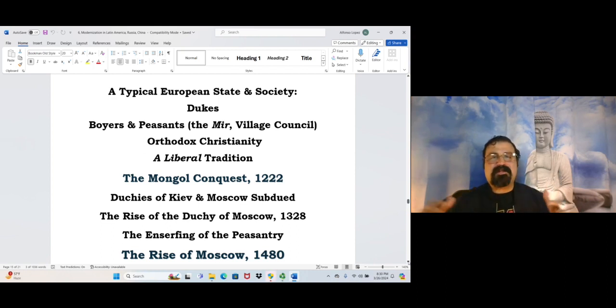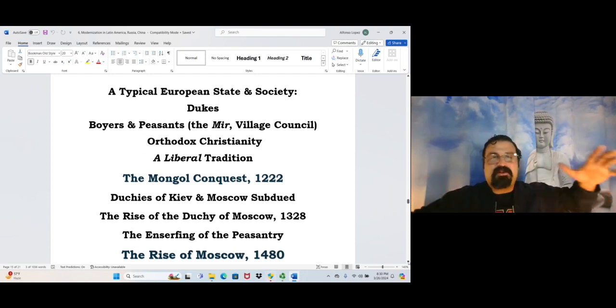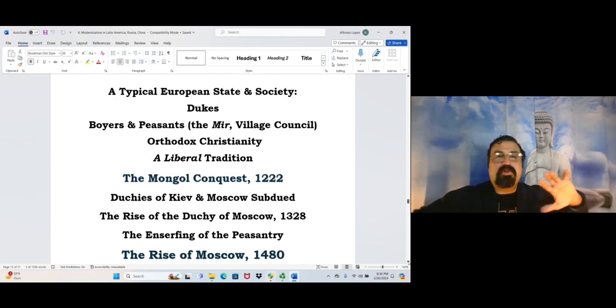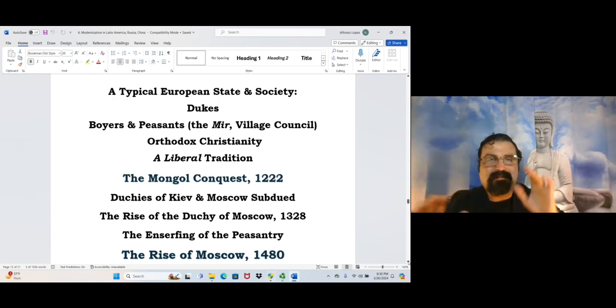The mayor is the village council that is not only in charge of governing the affairs of the peasants, but also controlling land, making sure that every member of the community has a certain lot to work on. In other words, they're engaging in land distribution and trying to make the system a little bit equitable, so to speak.